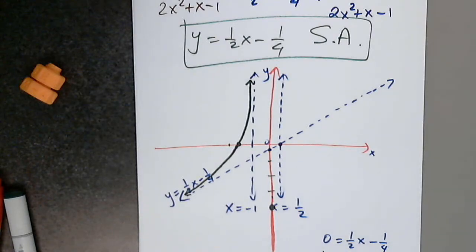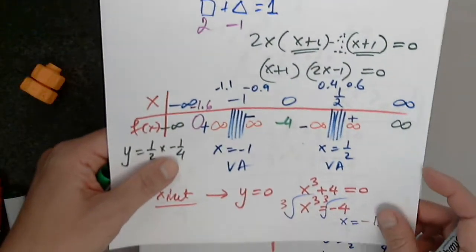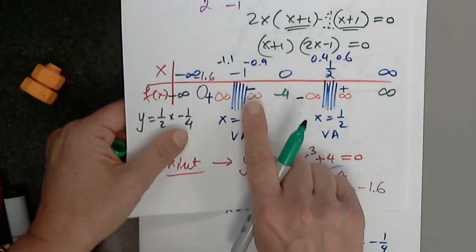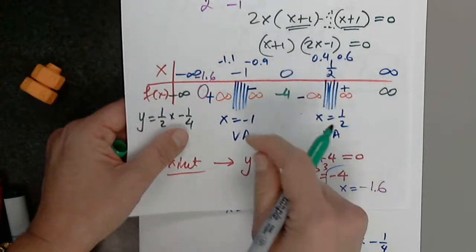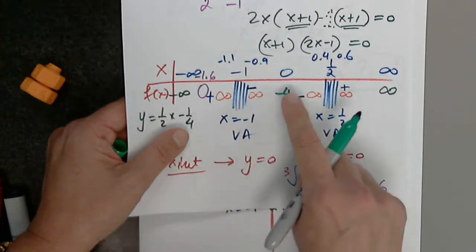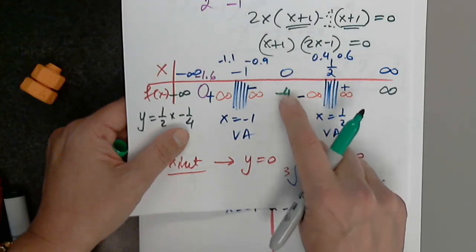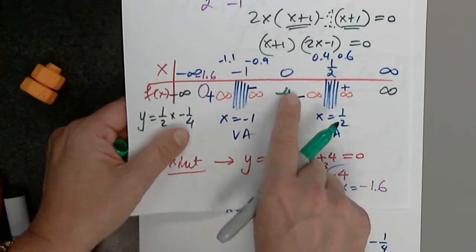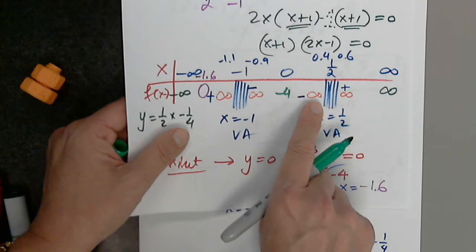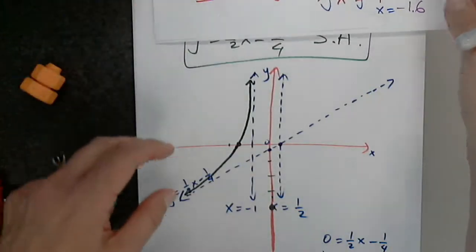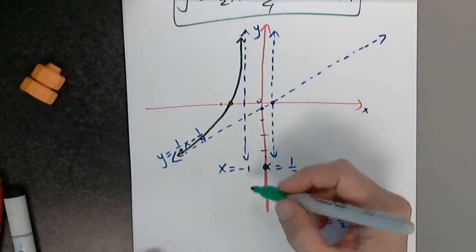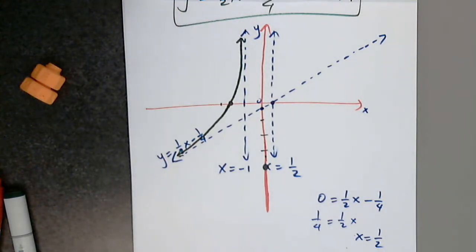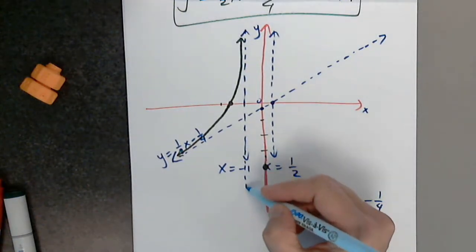Is that clear? Now we are in the middle. It's coming from negative infinity on the right-hand side of the asymptote, coming up to this point, 0, negative 4, and all of a sudden comes back to negative infinity. So it looks like a parabola. So again, I have to extend my vertical asymptotes.